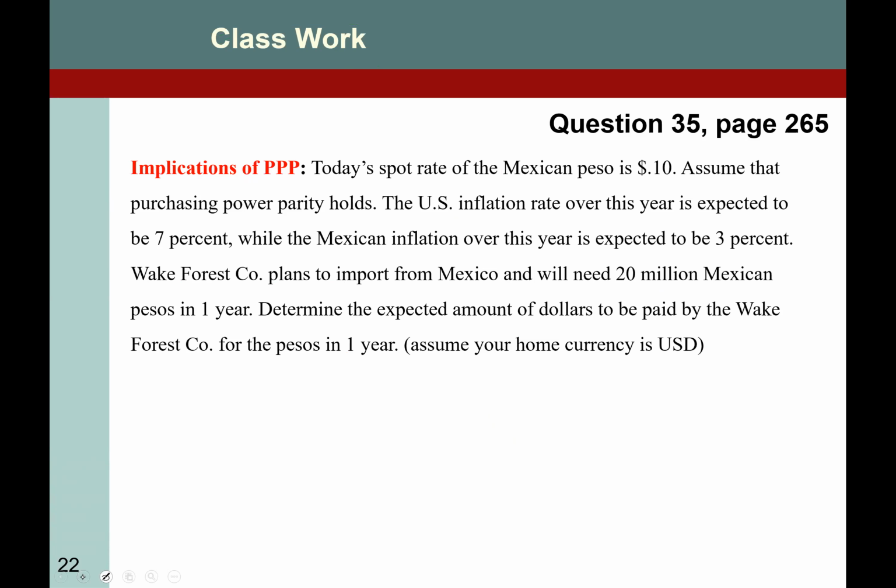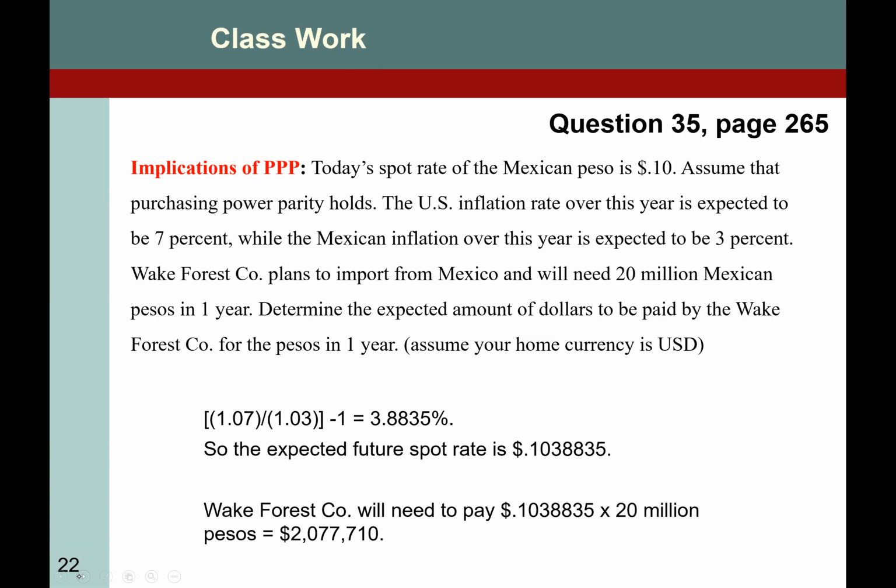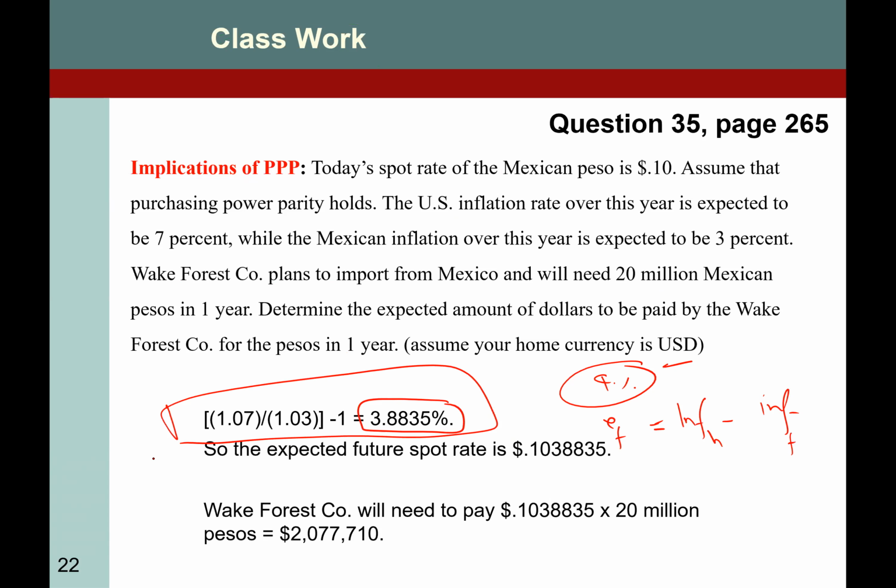Okay, here we go. Since we know that the exact amount is close to 4%, if you do it with this formula, it is also approximately correct. But if you do the exact formula, it will give you the exact amount.